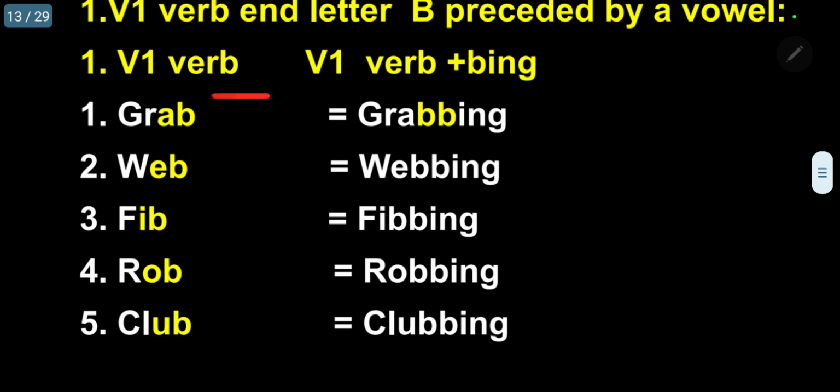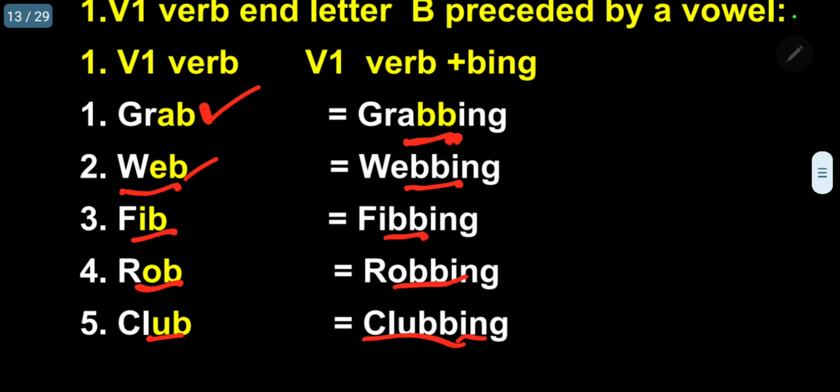So, V1 verb crab, ending with B. Here B is followed by vowel A, so crabbing, double B. Web, ending with B, webbing. Fib, fibbing. Rob, robbing. Club, clubbing.